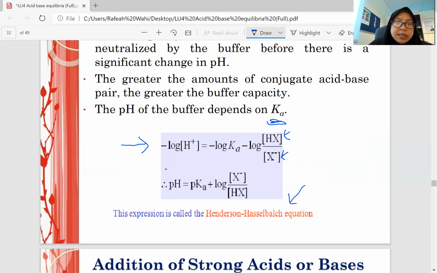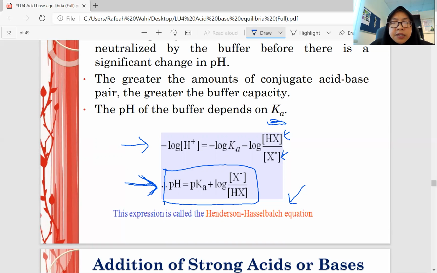Or simply, this is easier to remember: pH equals pKa plus log concentration of the conjugate base divided by the concentration of weak acid. Most of the time, I think it is easier to remember the pH expression of the Henderson-Hasselbalch equation compared to the negative log H plus expression. So please bear it in mind.